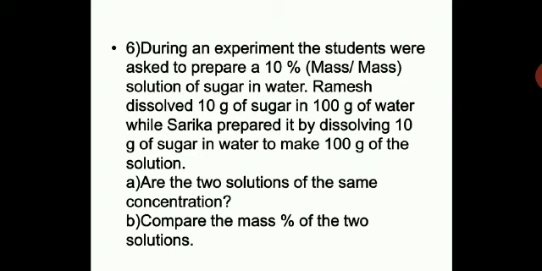So water you can weigh, or you can find the volume, or you can add it in the cylinder and take the volume. So both ways water can be taken as 100 gram as well as 100 ml.